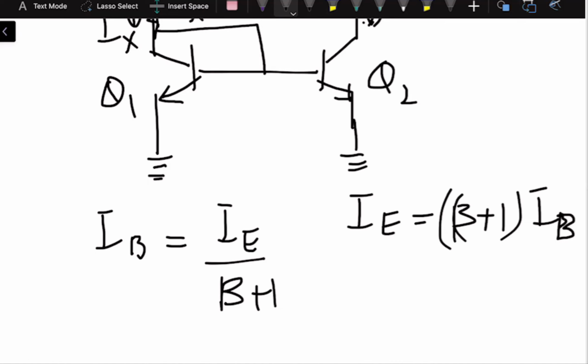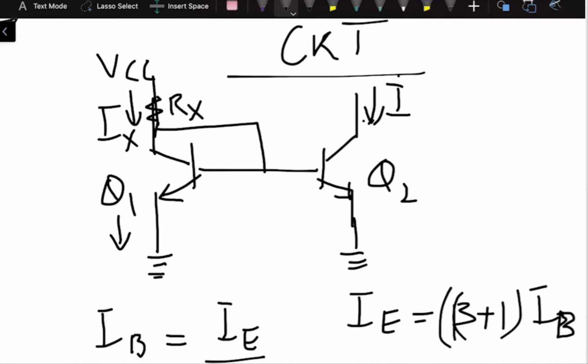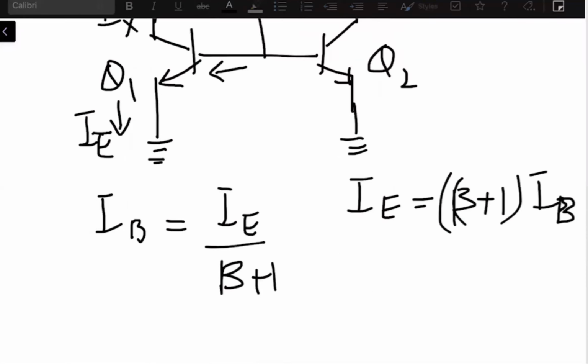in the circuit, if you see, the current flowing over here in the emitter leg will be IE, right? Now the current flowing in the base should be IB, and as we have said, IB is equal to IE divided by beta plus 1.